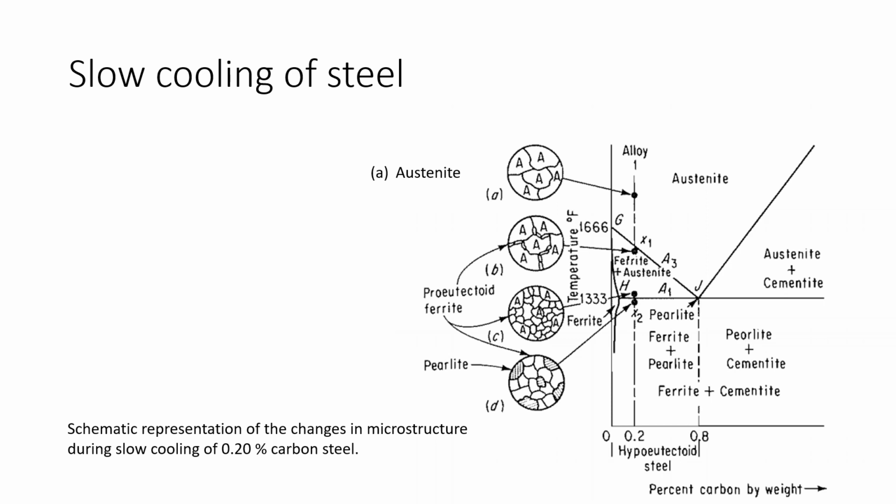At point A, this is the microstructure of austenite above 1666 degrees Fahrenheit.